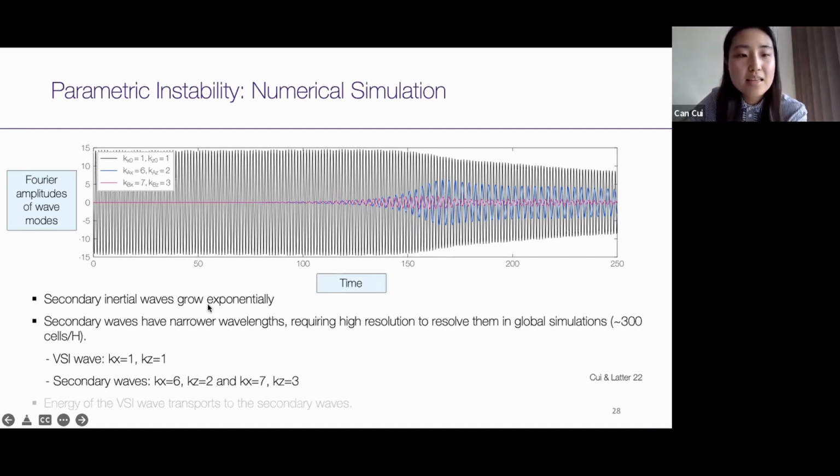The secondary waves have narrower wavelengths, which means we require high resolution to resolve them in global simulations. The Fourier amplitudes of these three modes show that the VSI wave is gradually decreasing while the amplitudes of the secondary waves are increasing, which means the secondary waves take energy from the primary VSI wave.